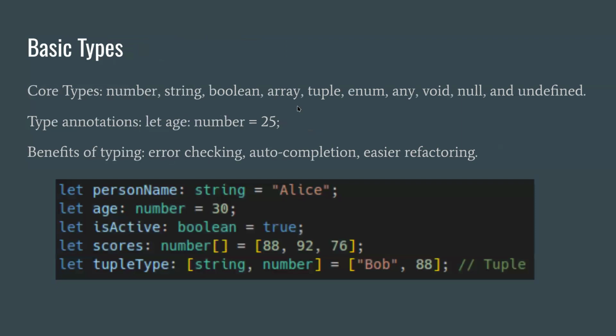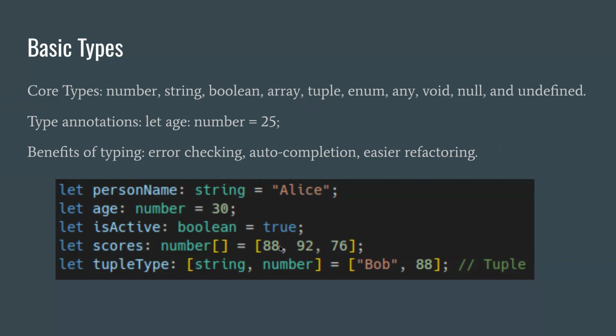Basic types. So in TypeScript, each variable and parameter has a type. Common basic types include number, string, boolean, null, undefined, array, tuple. And declaring a type is simple.